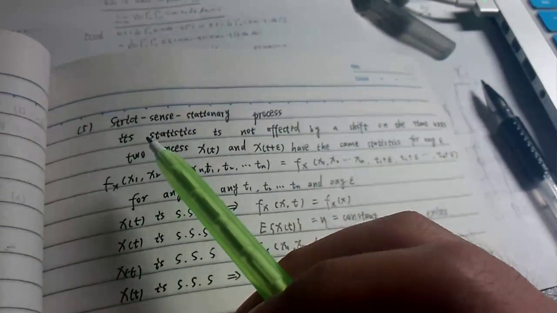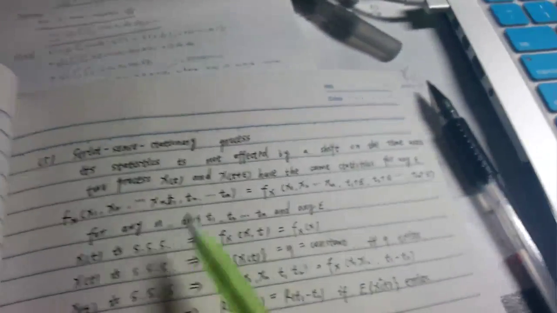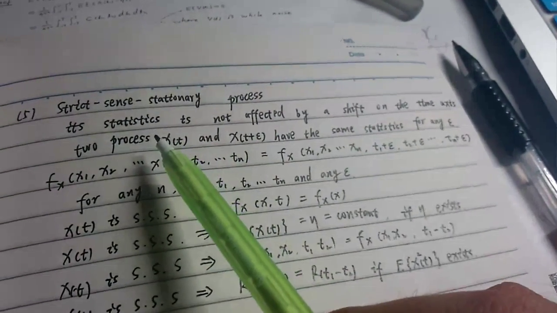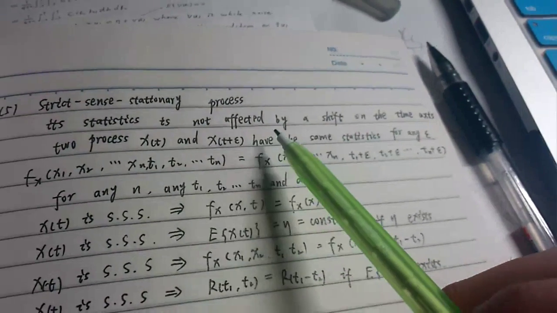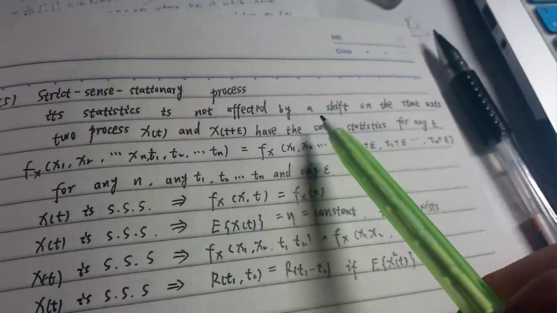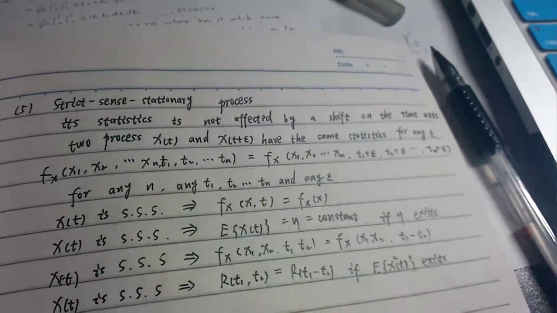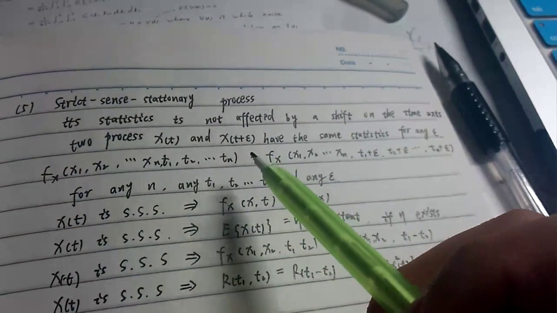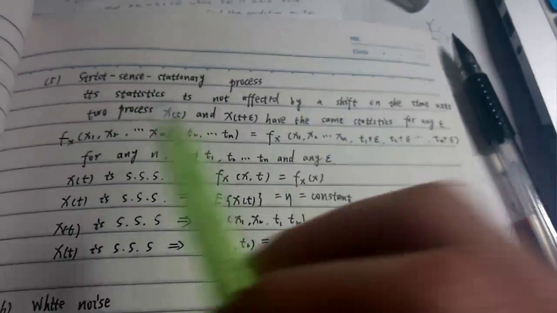And the next process is the strict sense stationary process, SSS. The definition is that its statistics are not affected by a shift on the time axis. That means the two processes Xt and Xt minus epsilon have the same statistics for any epsilon.